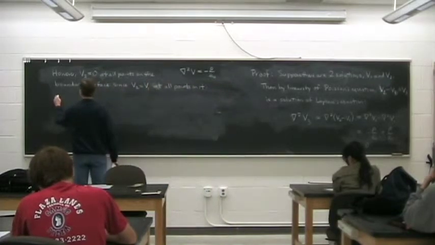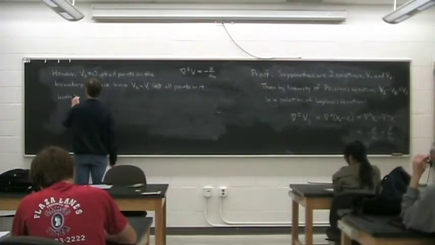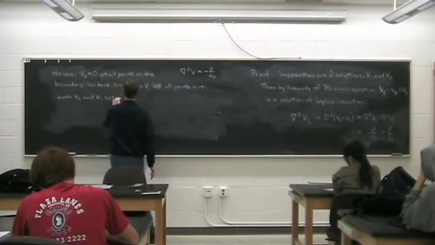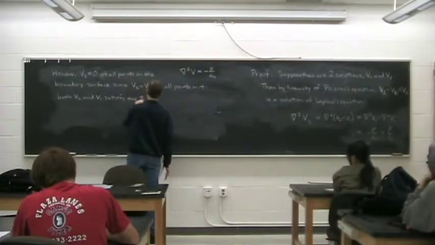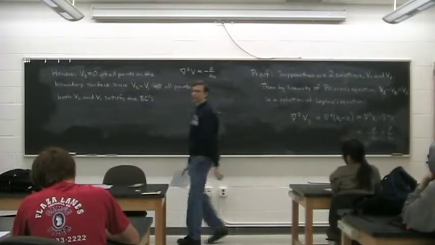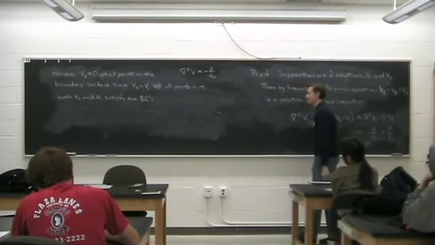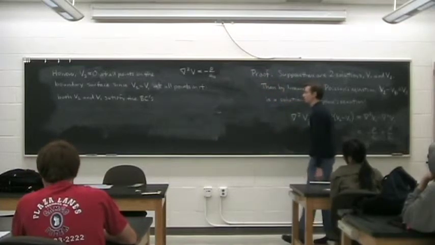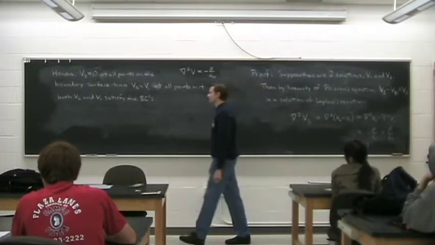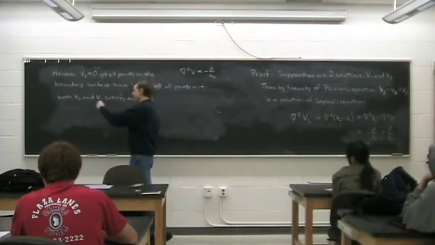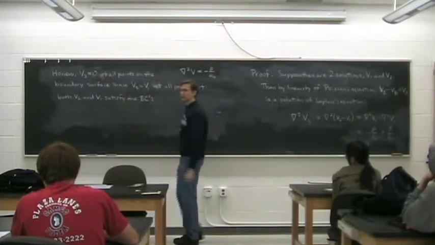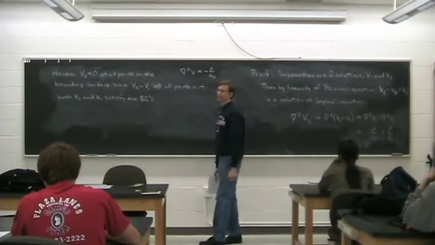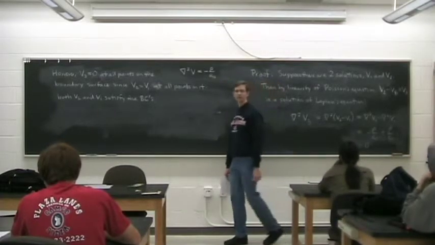And so, in other words, we're assuming that both V2 and V1 satisfy the boundary conditions. And remember, boundary conditions gets tiresome to write all the time, so I just like to say BCs for that. So V2 and V1 both satisfy the boundary conditions, so they both have that same specified value of the potential at all points on the boundary, so their difference has to vanish everywhere on the boundary. Their difference has to be 0 everywhere on the boundary surface.